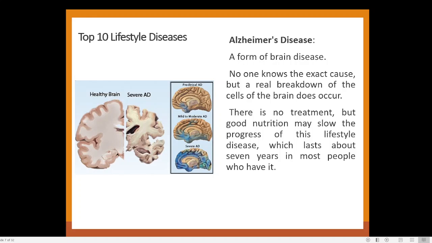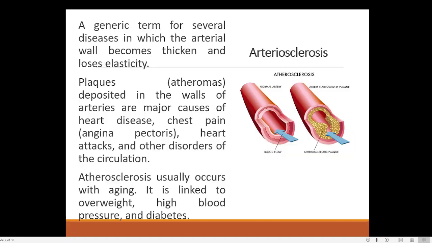Here you can see how a healthy brain appears. In neurodegenerative, degenerative means the functioning will slowly be lost. That is known as degenerative, a gradual form of destruction. So in the case of Alzheimer's disease, the brain cells are slowly destroyed over a period of 5 to 10 years.